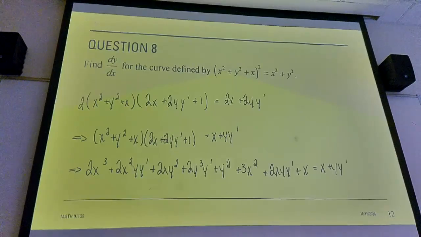So let's subtract y prime from both sides, and subtract a nasty term from both sides as well. So I'm going to move all my y primes to one side and everything else to the other.